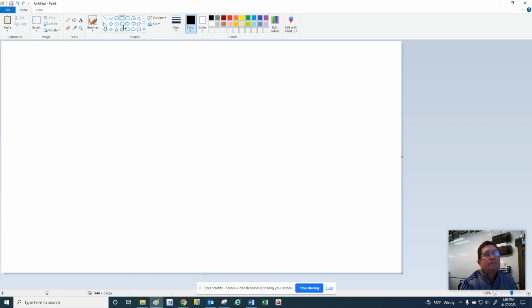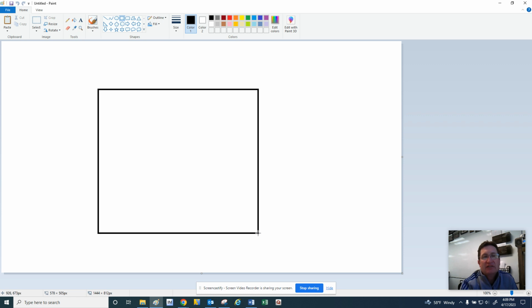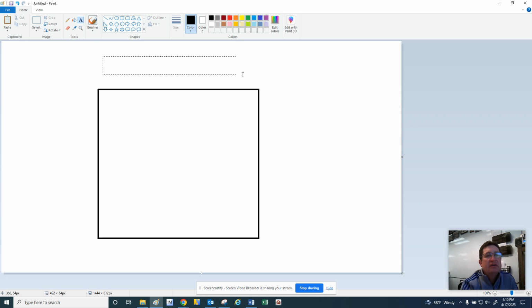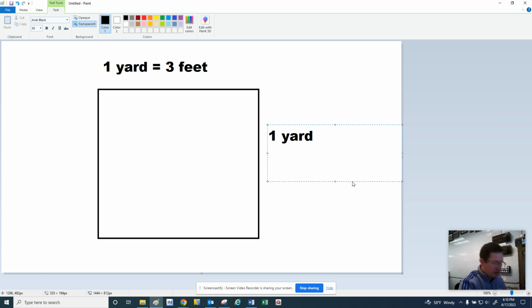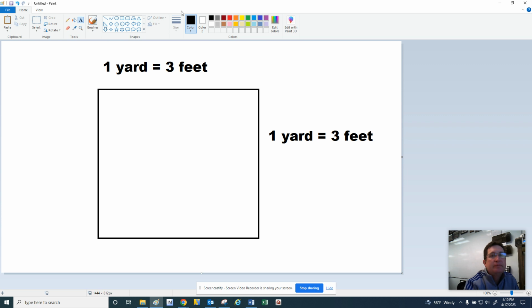And so if we have a square, okay, and let's say that this is 1 yard, but it's also equal to 3 feet. And then in a similar way, this is 1 yard, which is equal to 3 feet. Then, if you break this up into the 3 feet, I'm estimating for the most part here, I'm going to do my best to make it look square, but I'm trying to also do it quickly.